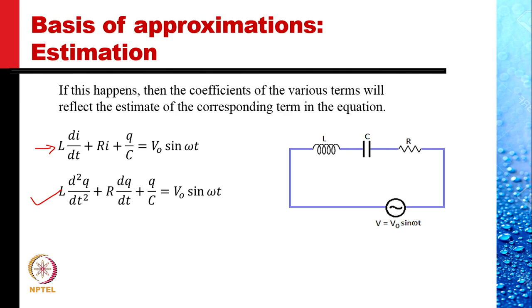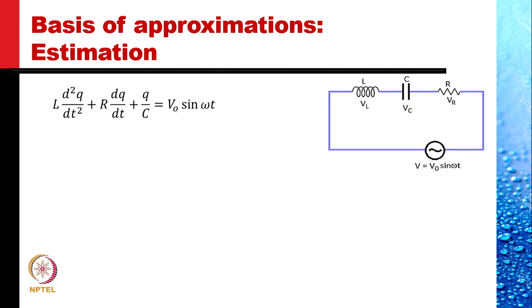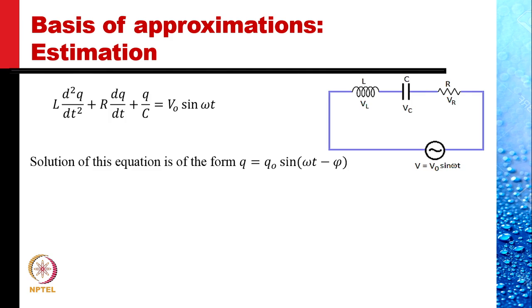Now, we start with non-dimensionalizing it, or rather normalizing it. The solution of this equation is of the form q is q naught sine omega t minus phi, where q naught is the amplitude of the varying charge on the capacitor.